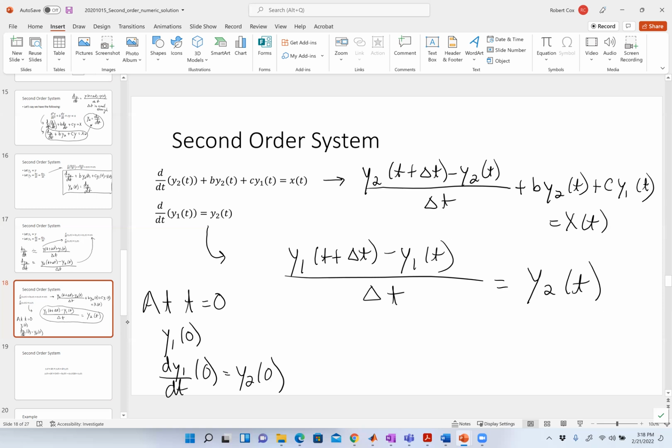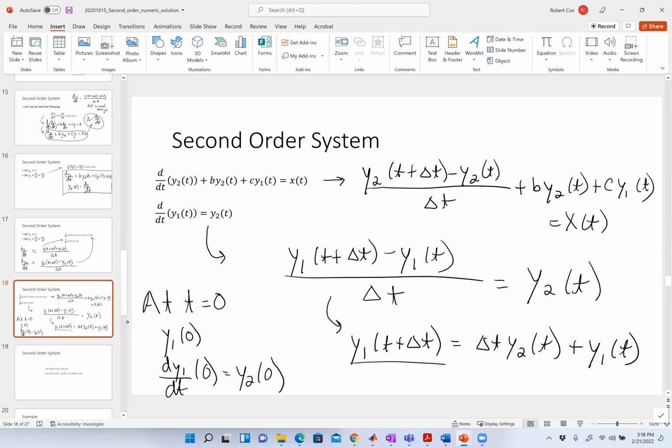Right? So what we have then is I can take this whole thing right here, this bottom one, let's just take a look at that guy. I could rearrange and see that this whole thing becomes this. The value of y1 in the future depends on the value of y2 right now and the value of y1 right now.